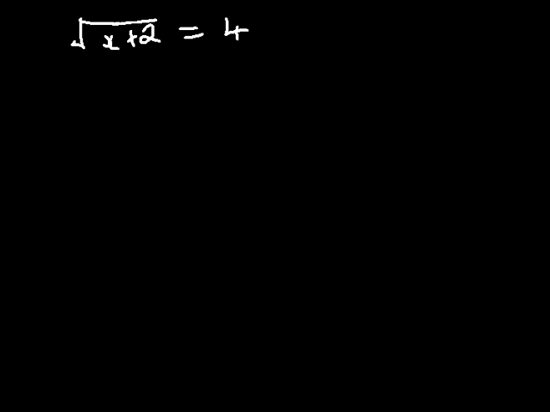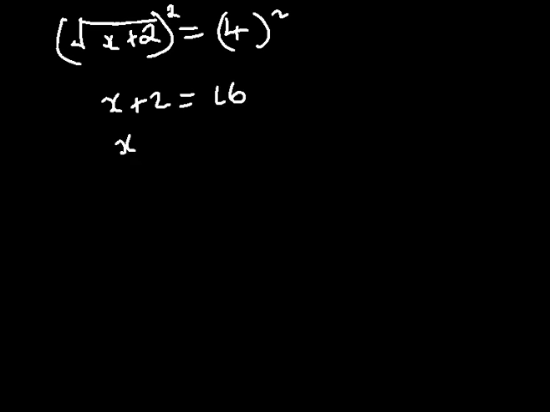As you can see, the x we are looking for is under the square root. So we should eliminate the square root first in order to solve for x. In this case, we introduce a power 2 both sides. So we have x plus 2, which is equal to 16. So x is equal to 16 minus 2, which is 14. So that is the solution.